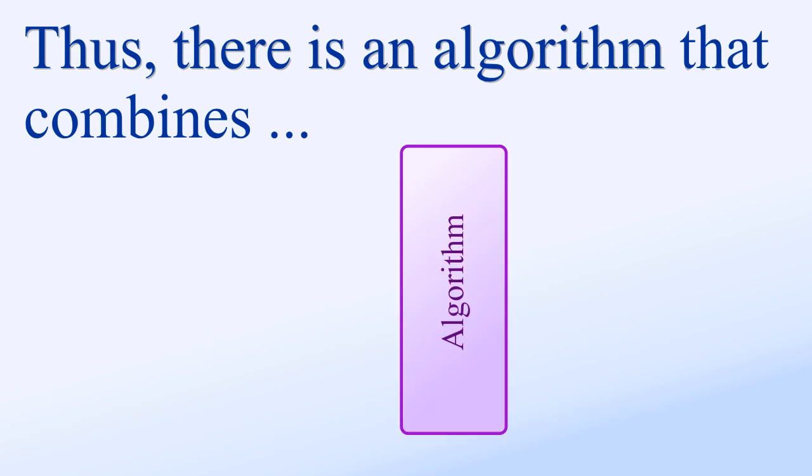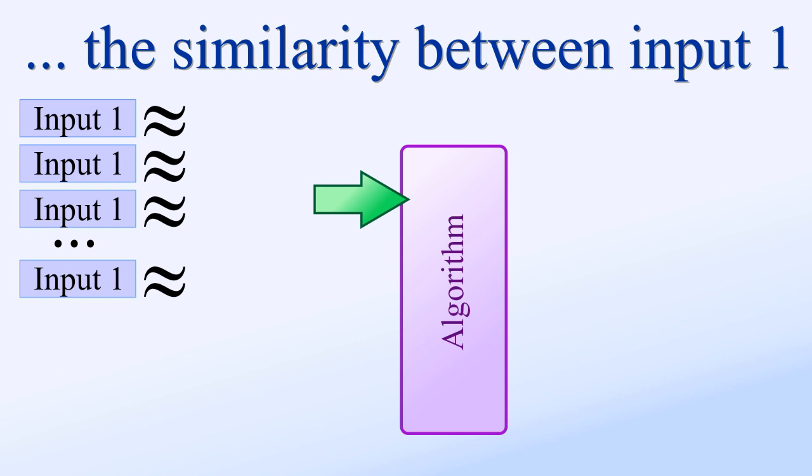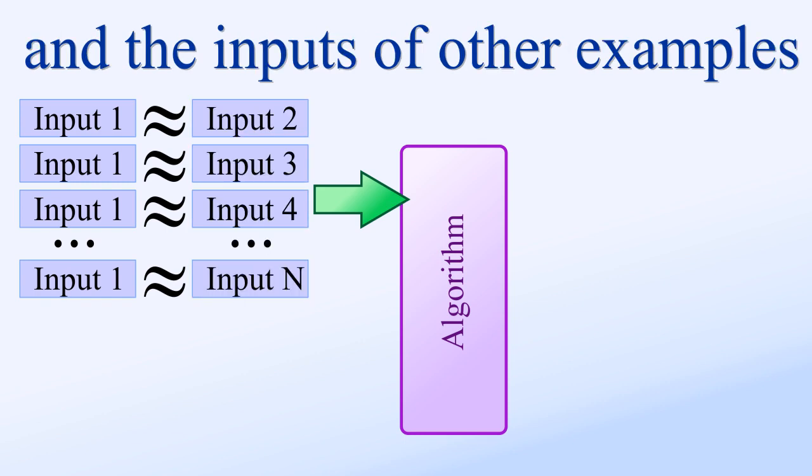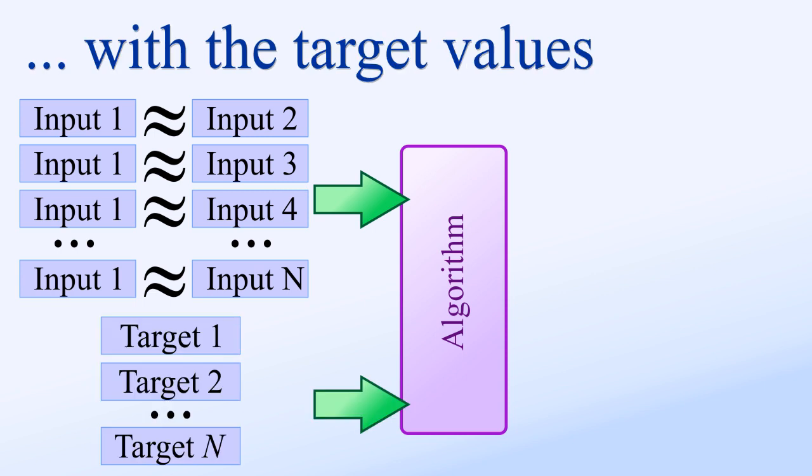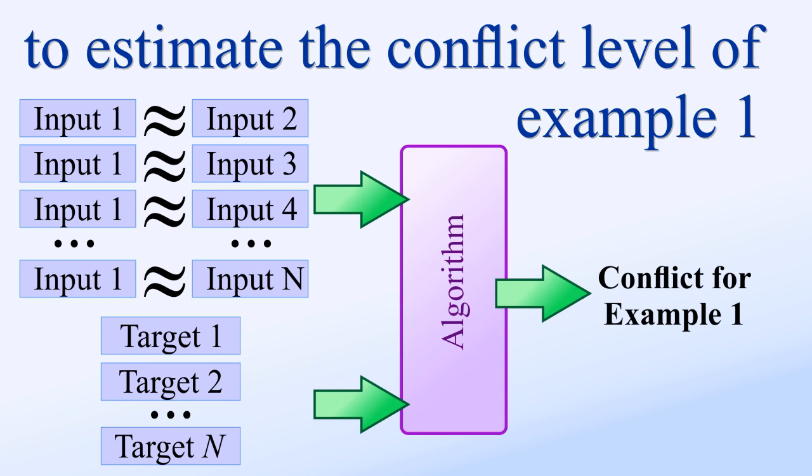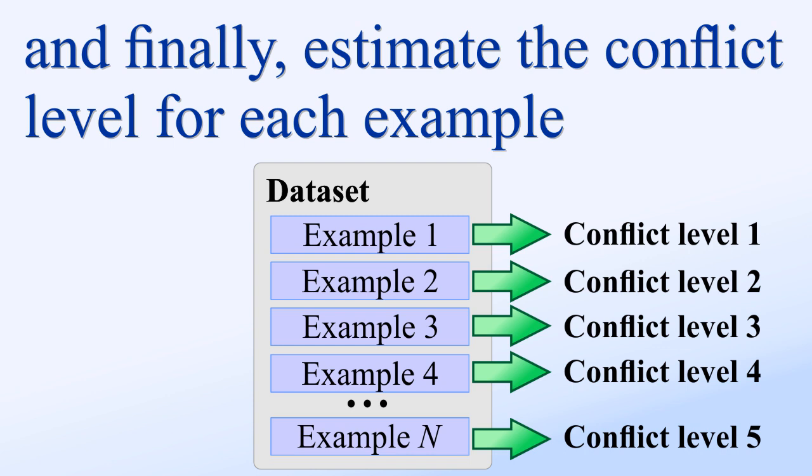Thus, there is an algorithm that combines the similarity between input 1 and the inputs of other examples with the target values to estimate the conflict level of example 1 and finally estimate the conflict level for each example.